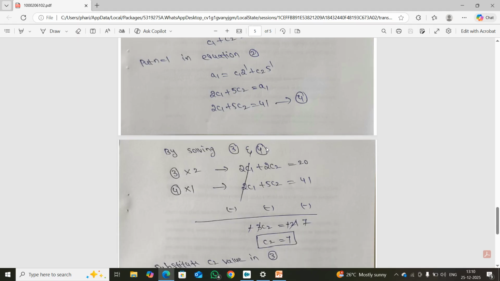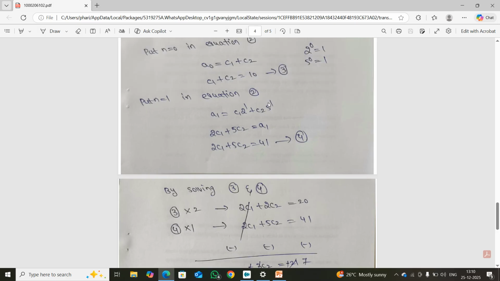By using the elimination method. In the third equation we have c1 and c2, and in the fourth equation 2c1 plus 5c2. Multiply the third equation by 2 or by 5, that is your choice.